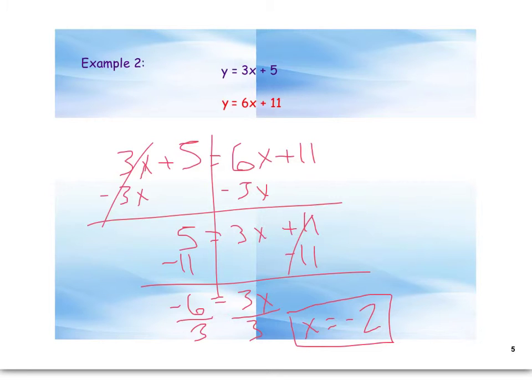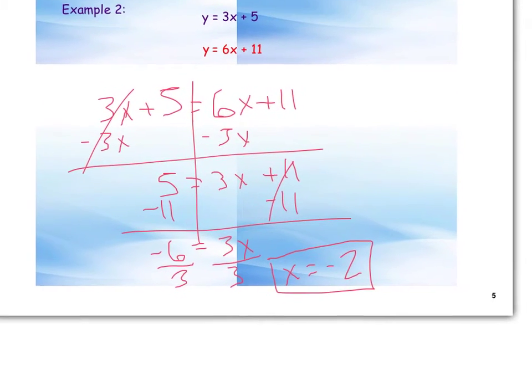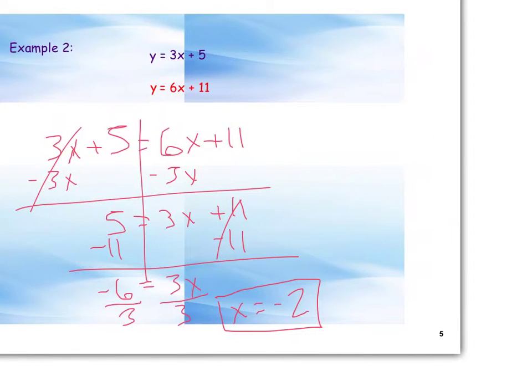Now, we're not quite done. We have to keep moving because our ordered pair is our solution. And just one number does not make up an ordered pair. So, if we take a look, we can plug in our x to whichever equation that we want.